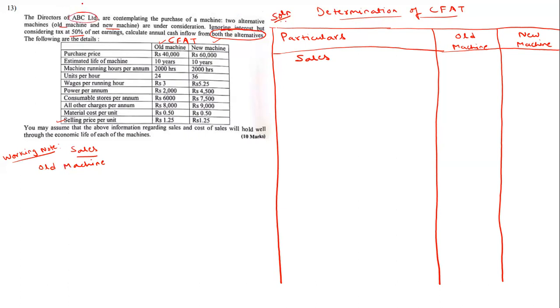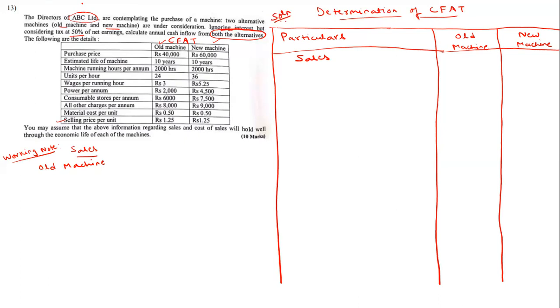For the ABC Limited, whatever money they receive after the sales, that is called the revenue. That's the inflow. But now, since the question is focusing on the machine, I just want to figure out how many units were sold at what price using an old machine so that I get the sales data.